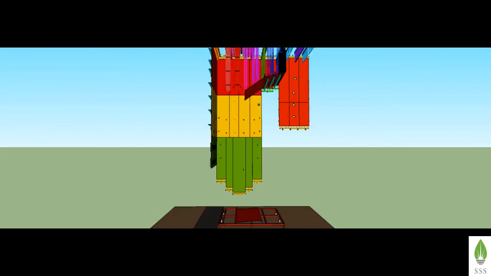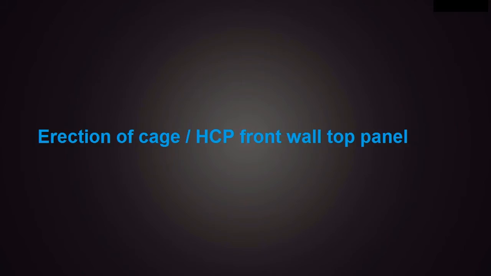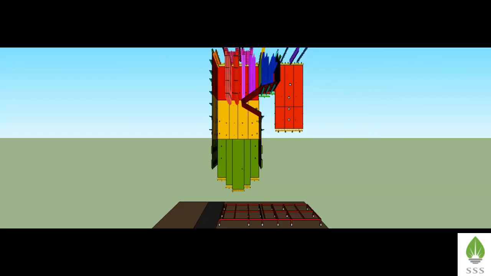Now we can see cross-section view of previous animation to have clear understanding. We have completed all pressure parts erection in first and PCP pass of furnace.